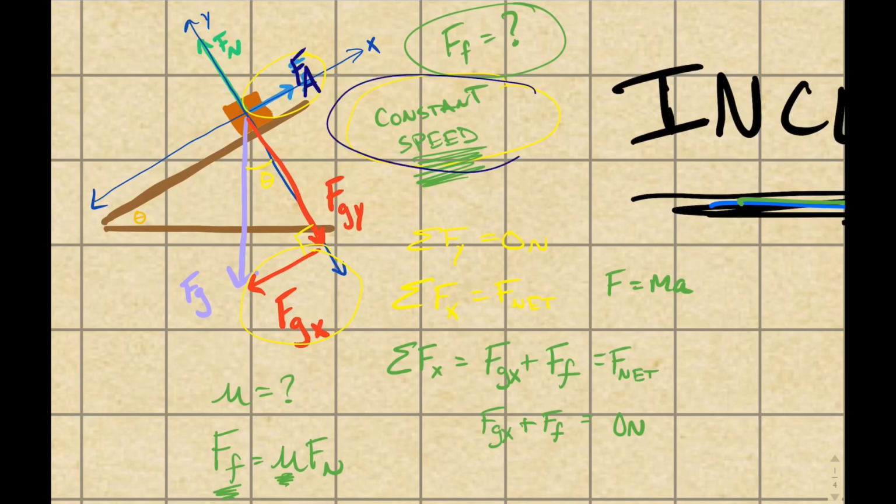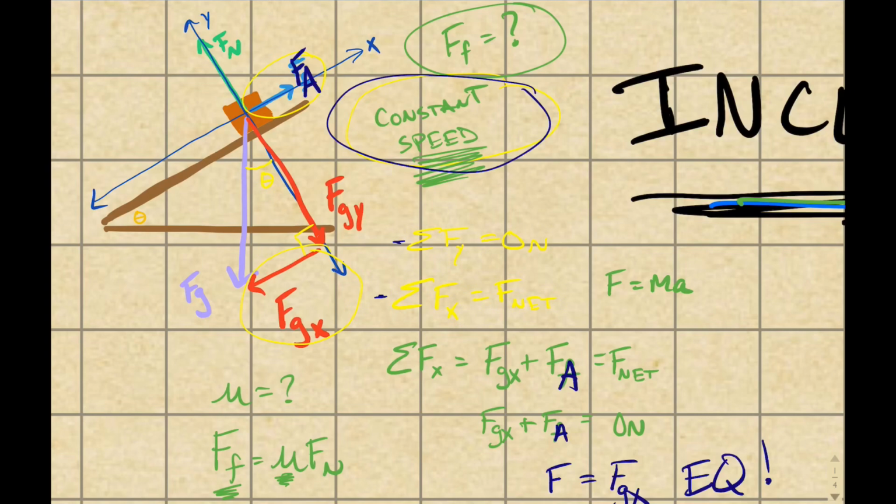We're still saying it's a constant speed. We're still saying that the sum of the forces in the y direction is 0. We're still saying that the net force is equal to the sum of the forces in the x direction. And then all we're going to do is change this from a force of friction to a force applied. And we are still saying that whatever that force is going to be equal to the FGX, because it's an equilibrium.